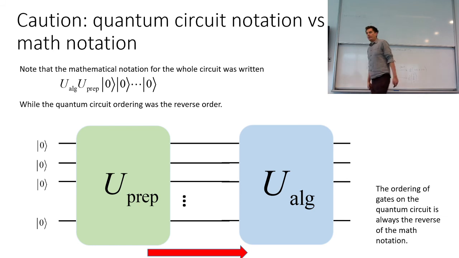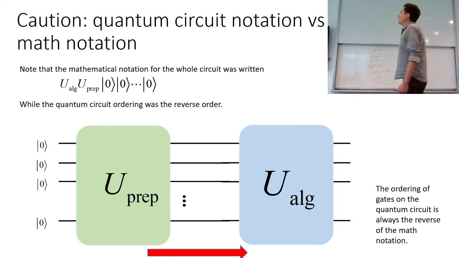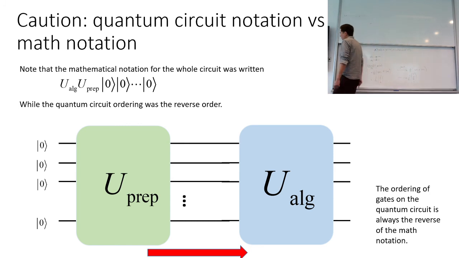Okay, one bit of caution here. When you write quantum circuits, as I said, the sequence goes left to right. But if you write down a sequence of gates in operator notation, the notation is the reverse.